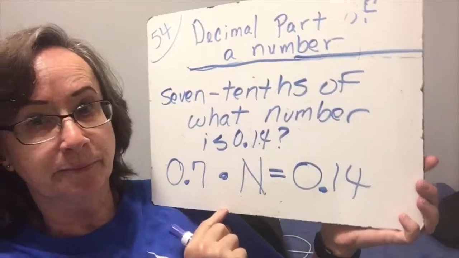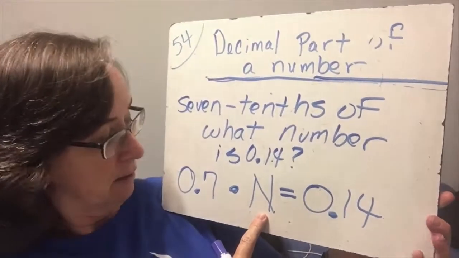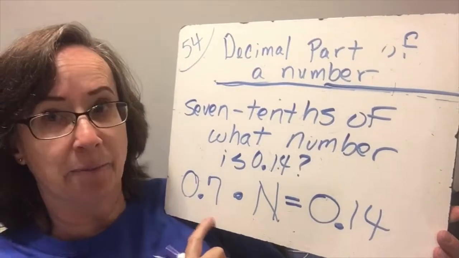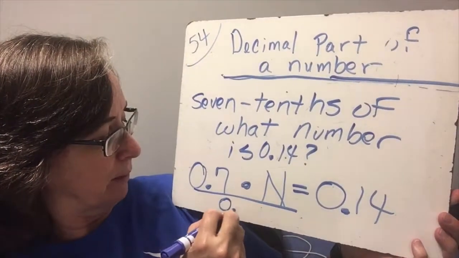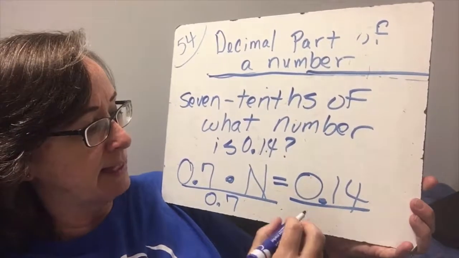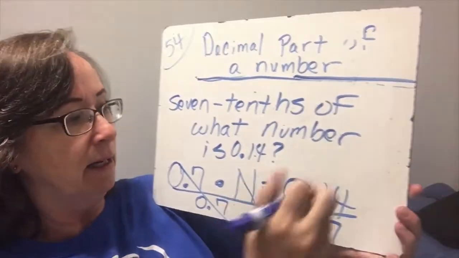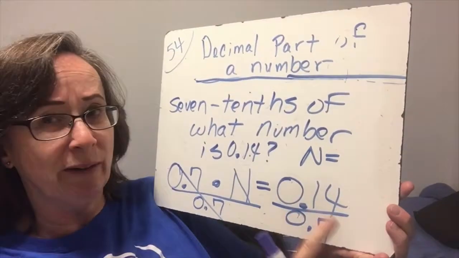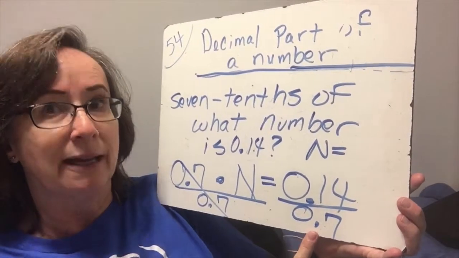So now we have our equation, and to get n all by itself, all we have to do is divide the left hand and the right hand side by this 0.7. That's going to leave our n all by itself, and n is going to equal... Now, we don't even try to divide when we have a decimal divisor.